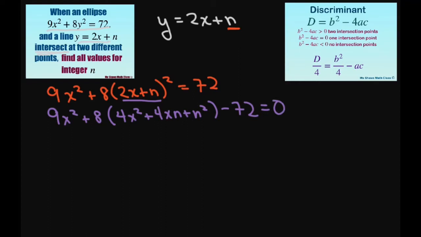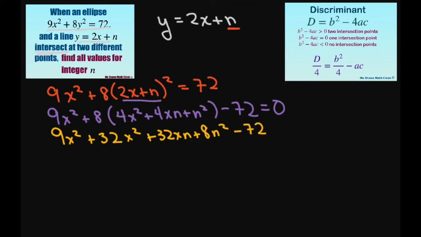So we get 9x squared plus 32x squared plus 32xn plus 8n squared minus 72 equals 0.